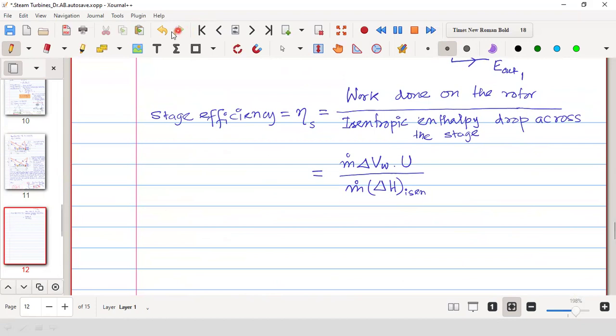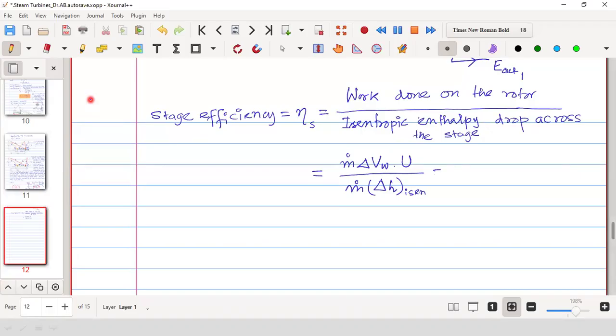You can write this as small delta H, because the mass flow rate we are adding, so delta H means basically the specific enthalpy.